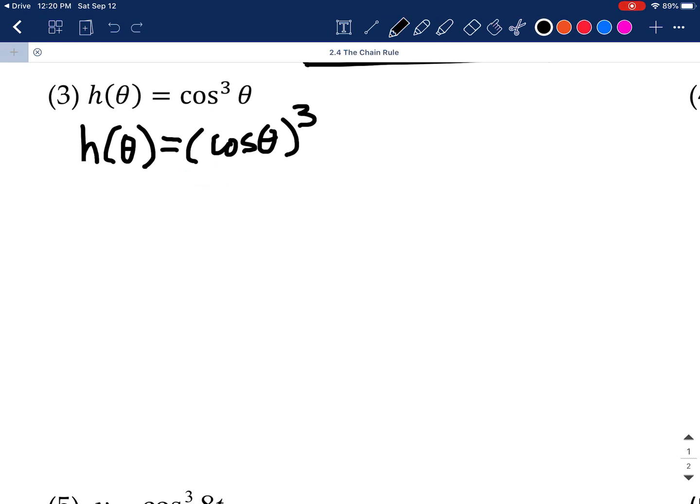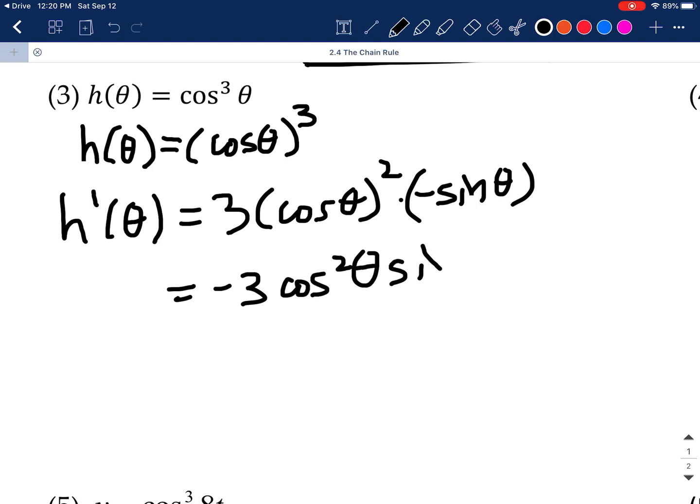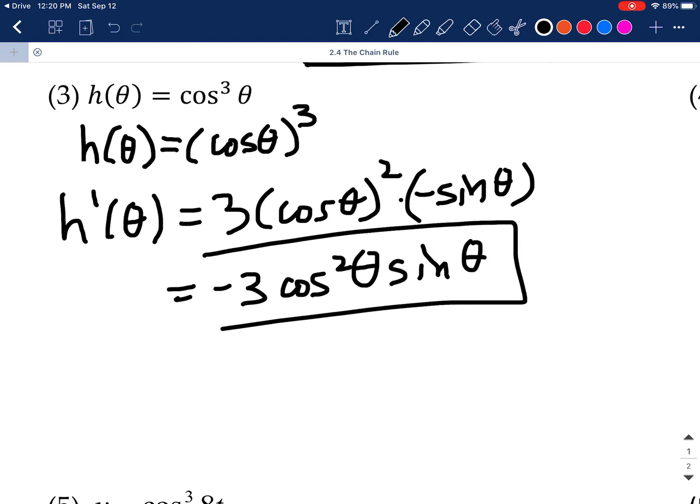So again, you could use a u-sub if you want to, but I will use that kind of more direct method. So h prime is going to be the derivative of my outside function, which is that cubic. So I'm just going to use the power rule for that cubic expression, times the derivative of my inside, which is cosine. So that's going to be negative sine theta, and then we can just distribute the negative sign, and we'll get negative cosine squared theta sine theta.